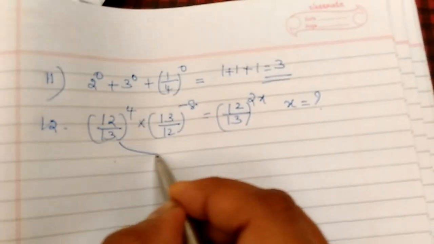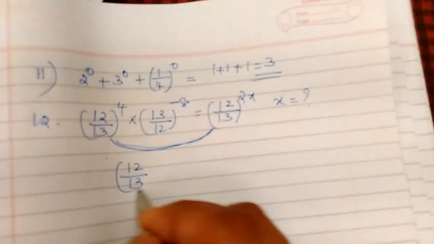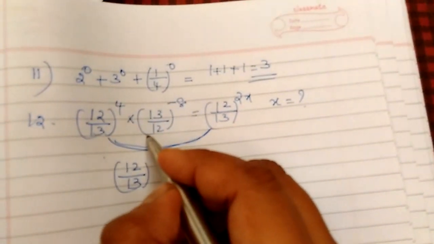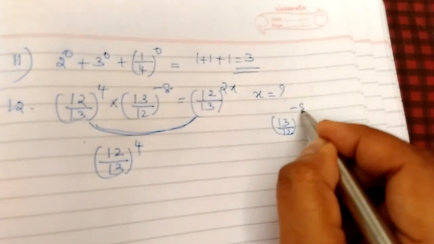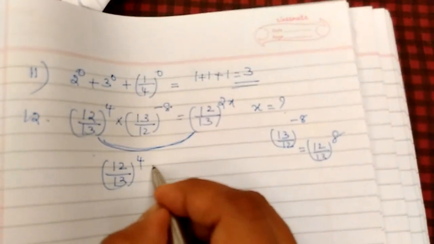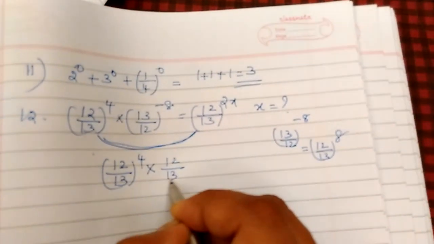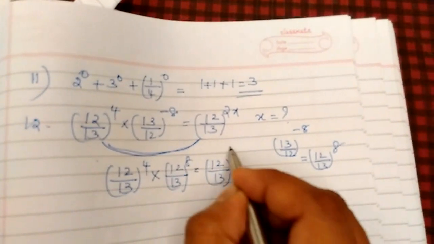See, both bases are 12 by 13. So you will put it as 12 by 13 to the power 4. And this one can be interchanged. That is 13 upon 12 to the power minus 8 can be written as 12 upon 13 to the power 8. So into 12 upon 13 to the power 8 equals, what is given? 12 upon 13 to the power 2x.